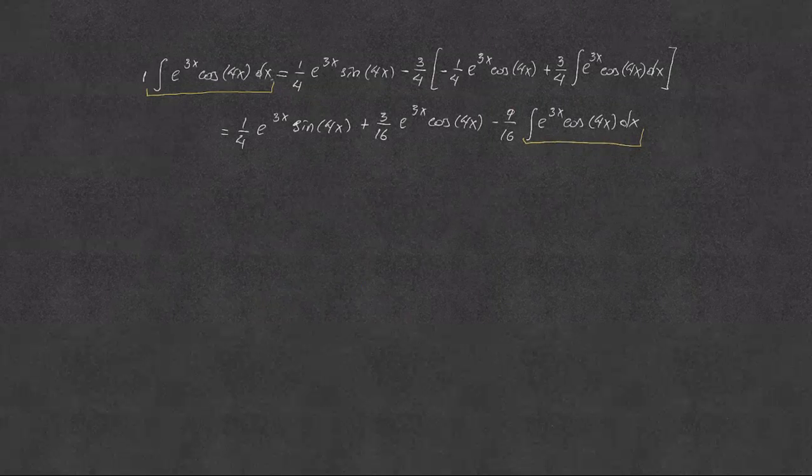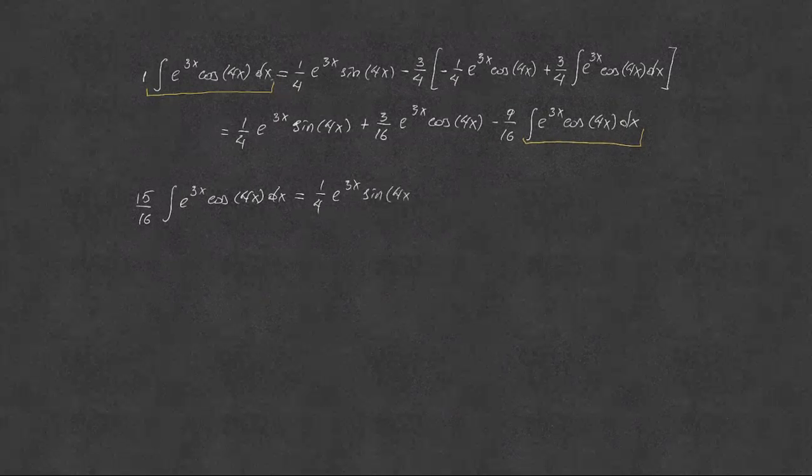When you add 1 and 9/16 together, we get 15/16 of the integral of e to the 3x cosine 4x dx equals 1/4 of e to the 3x sine 4x plus 3/16 of e to the 3x cosine 4x.